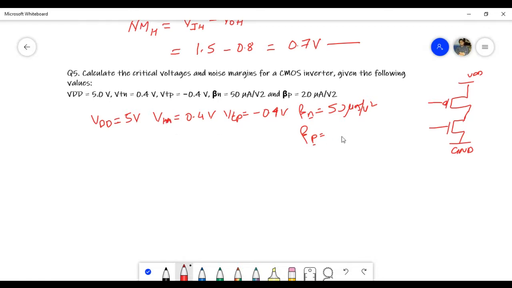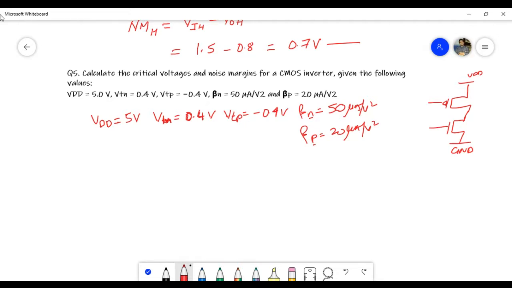So VDD is 5 volt and VTN is equal to 0.4 volt, because usually we get 0.4 volt as a threshold voltage. VTP is equal to minus 0.4 volt. Beta N is 50 microampere per volt square. Beta P is 20 microampere per volt square. So here we have to calculate the threshold voltage, critical voltage and the noise margin.